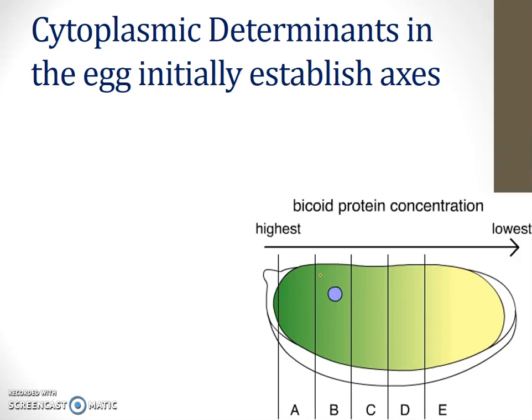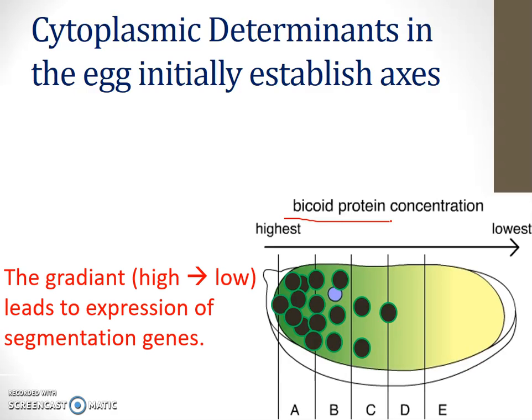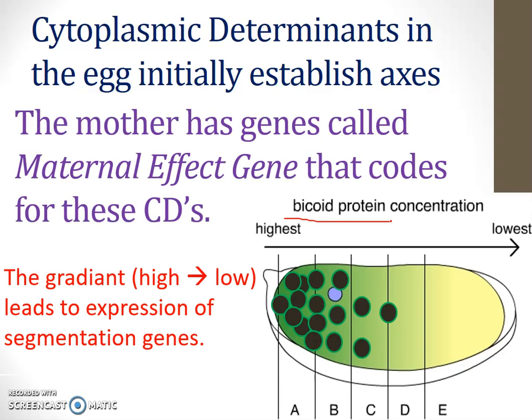So here we have cytoplasmic determinants in this egg for a fly, for a Drosophila. There's one particular cytoplasmic determinant called a bicoid protein. And you can see here that it's in high concentration on the anterior side. So here, this gradient, remember we saw earlier that they're not homogeneous.